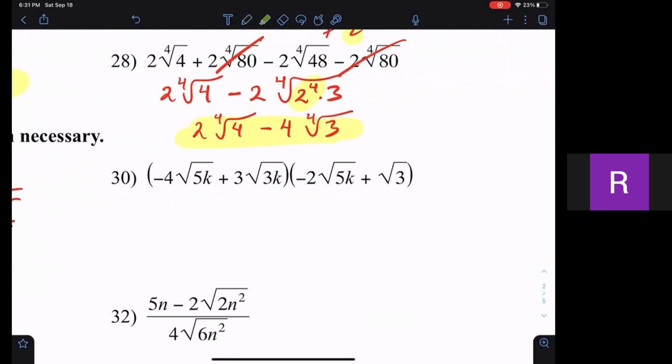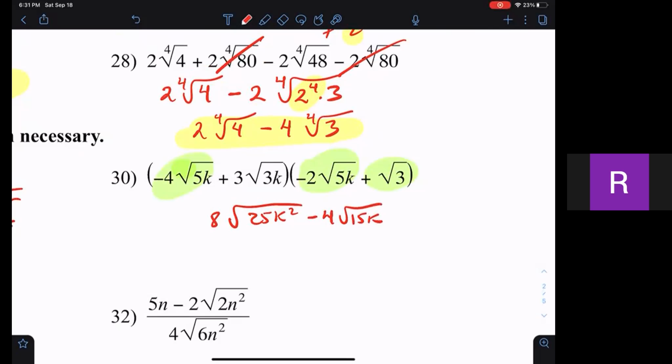Now the same thing. These two times, right? So that's going to be 8, and we have 25k squared. And then we have negative 4 root 15k, right?